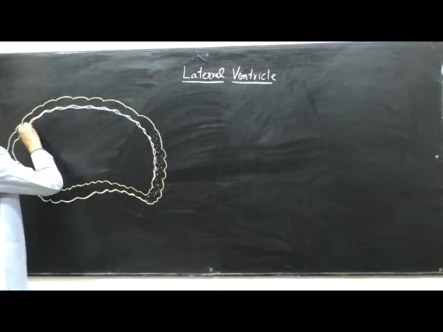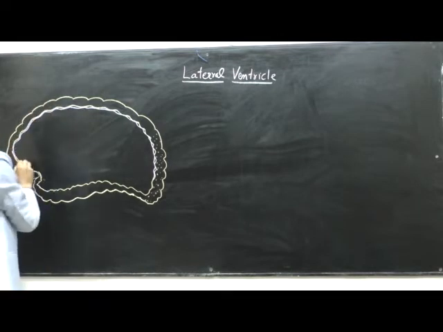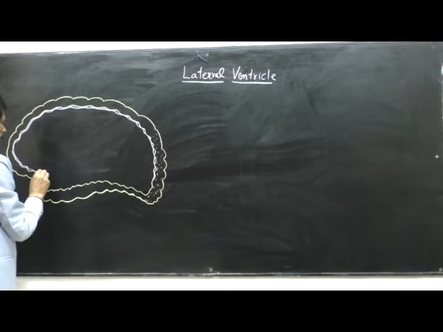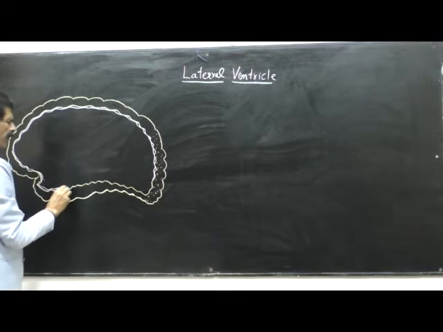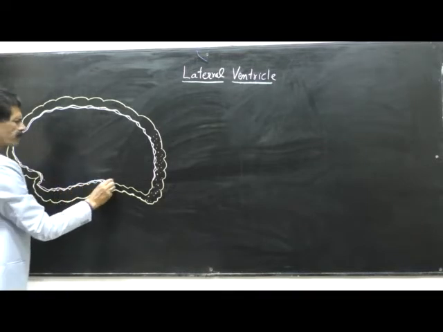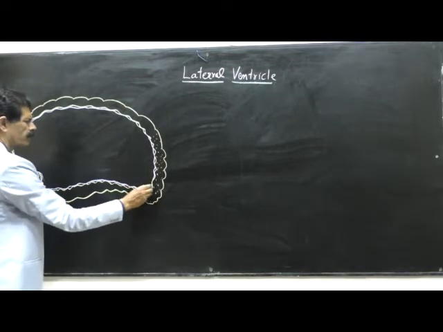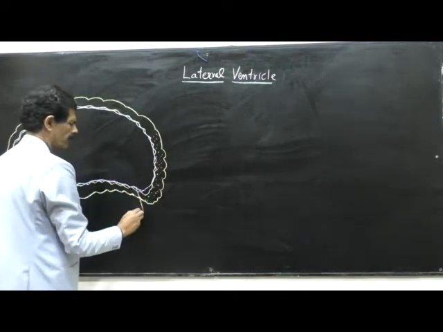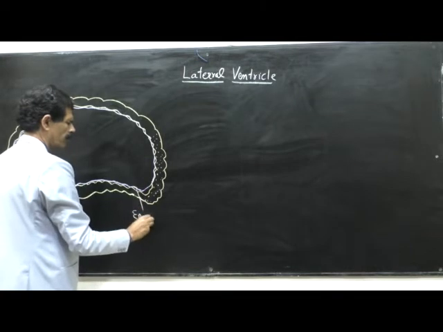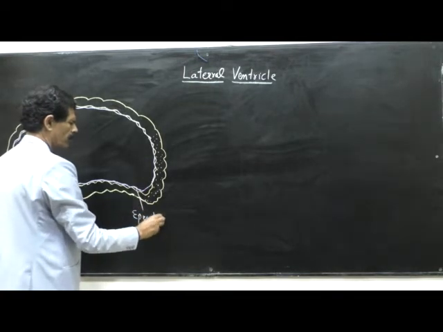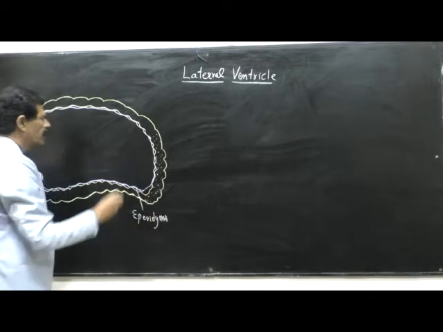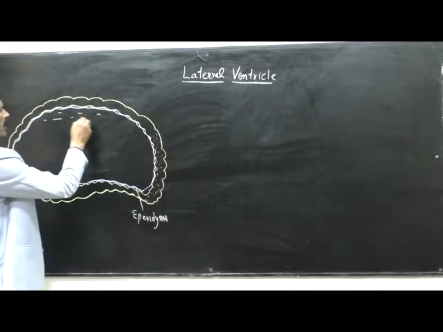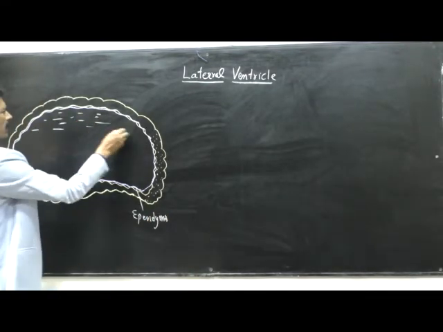This is the ependyma, separating the CSF from the cerebral cortex, the grey matter. And this hole is filled with the CSF.